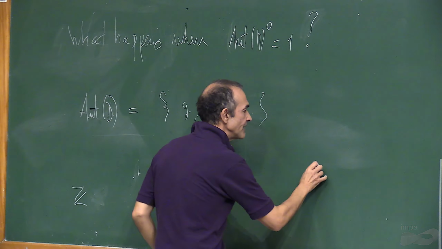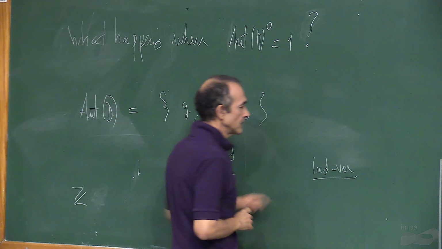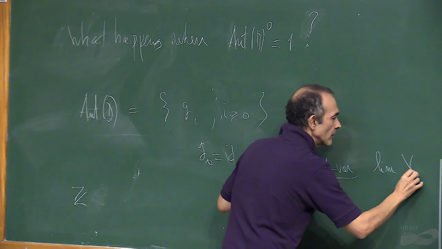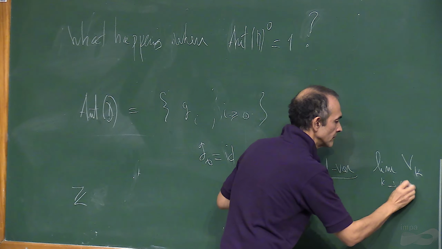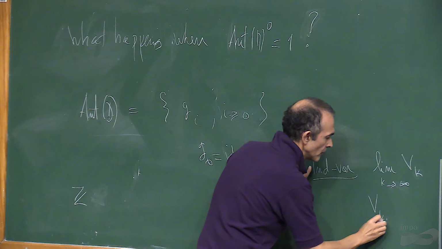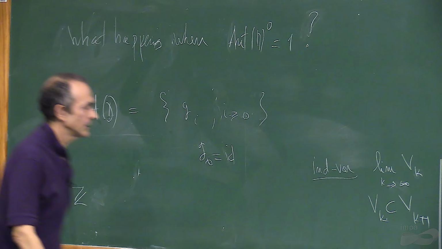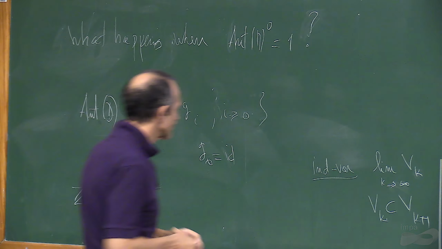An ind-variety, like the polynomial automorphism group, is a limit of varieties, where one is included in the other as a closed immersion. Then this is a sequence, and we don't know if this exists. In this case, one needs to try this problem.